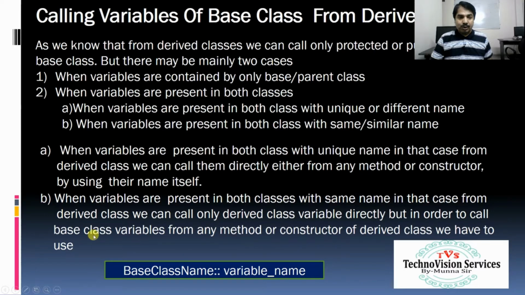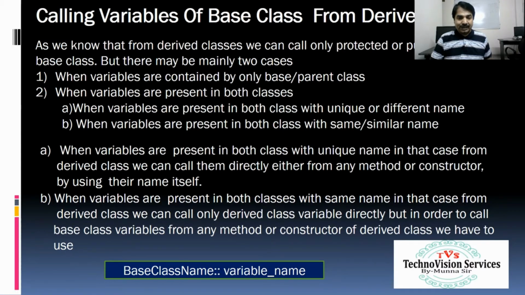But in order to call base class variable from any method or constructor of derived class, we have to use this syntax, means base class name, a scope resolution operator, then variable name. Then only we can refer base class variable. Otherwise, it will always refer the child class, or we can say derived class variable.